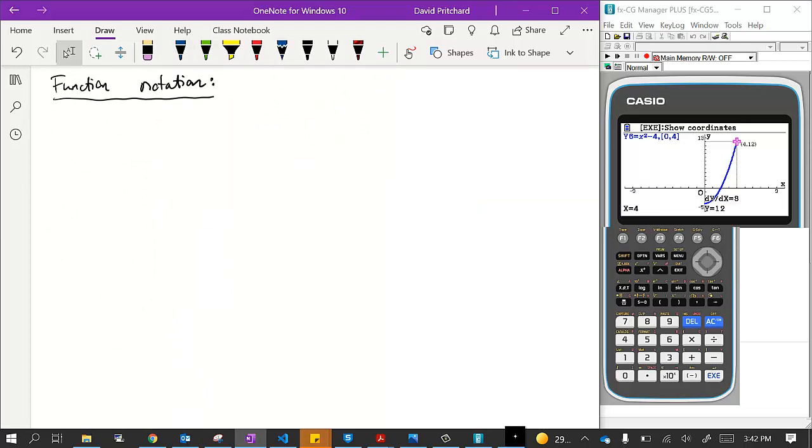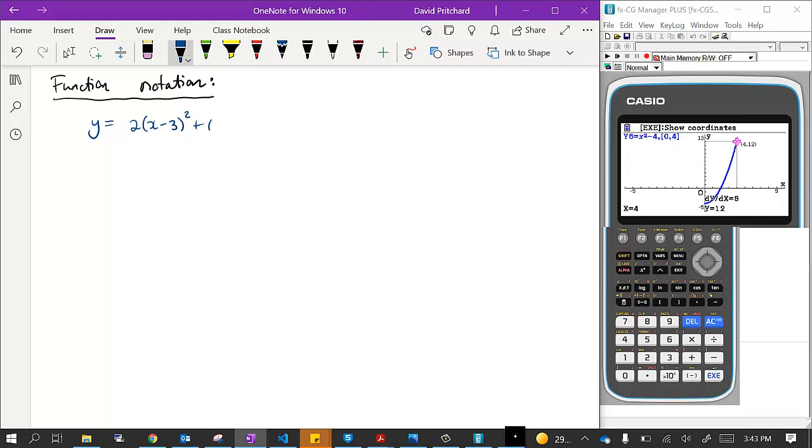Now, the whole idea with function notation is that it's a bit of a shortcut, so it saves us from having to write things out. Let's say we've got y is equal to 2 times (x take 3) squared plus 1. So that's our equation. And we want to work out some different values, so we want to do some substitution.